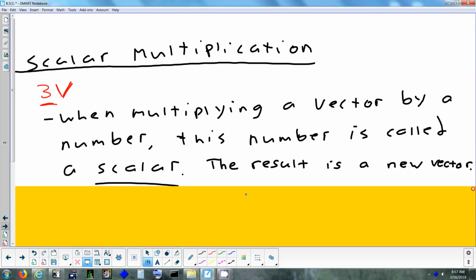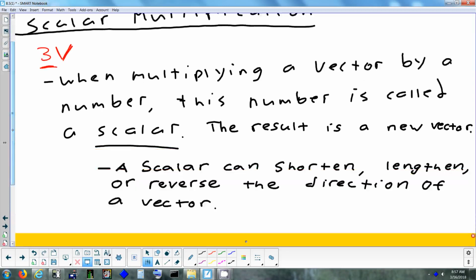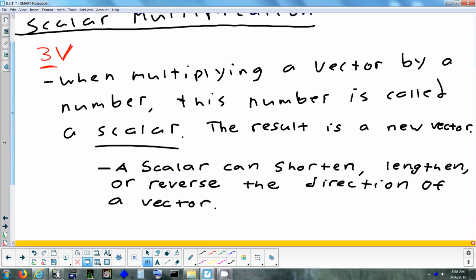But there is a way I can multiply by a scalar and change the direction. What kind of number would I have to multiply by and that would change it? Yep, please. A negative. So when you do a scalar product, 3 things can happen. If you multiply by a number greater than 1, you lengthen it. If you multiply by a number less than 1 and greater than 0, you shorten it.